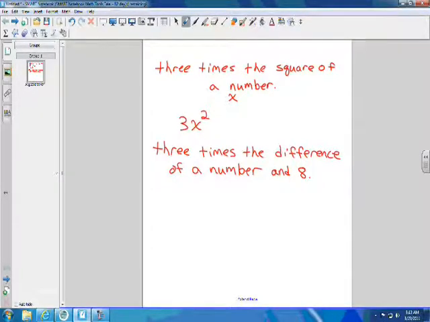So if you're defining the difference between a number and 8, how would you write that? X minus 8. That would be the difference between a number and 8. Now, what you have to be careful of here is it's 3 times that whole part. So what do we need to do? Use parentheses. So you got to put that difference in parentheses, and 3 times that whole thing.